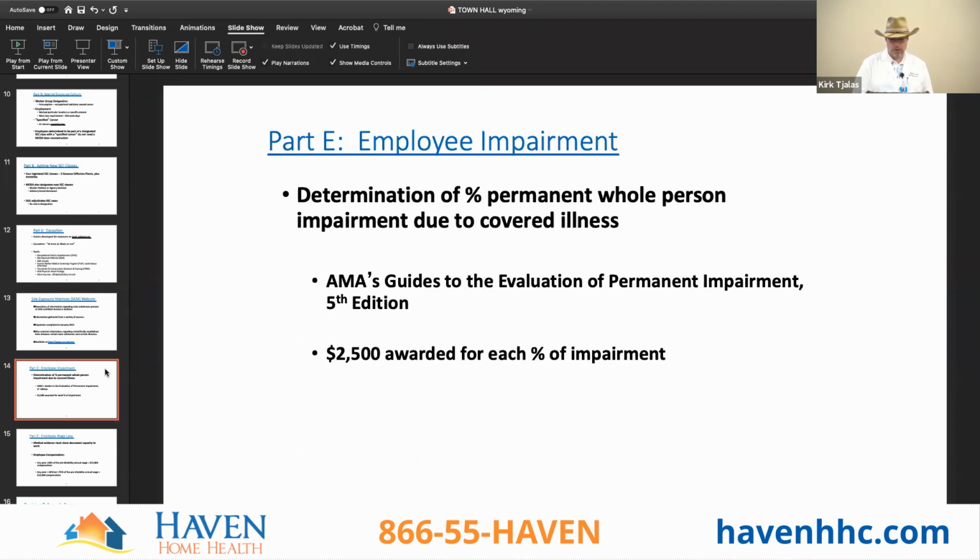So the site exposure matrices, we kind of talked about, those are the different work sites. Employment impairment is determined by the American Medical Association's Guides to the Evaluation of Permanent Impairment, 5th edition. I'm a board certified family nurse practitioner, but I cannot prepare and do a disability rating.